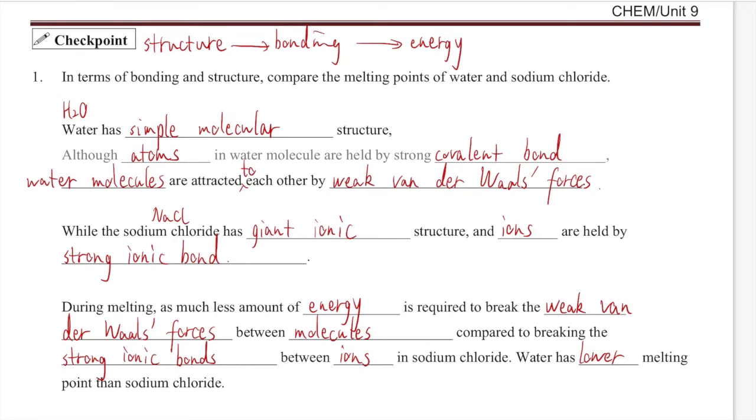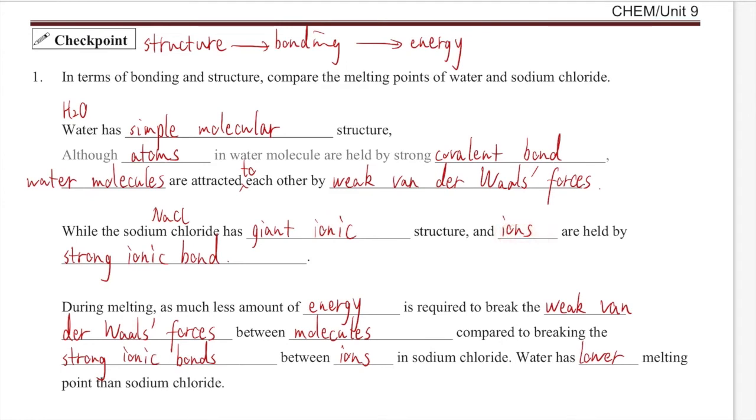So for example, we say atoms in a water molecule are bonded by covalent bonds, and we're not just saying water molecules have covalent bonds and van der Waals forces. Remember you need to name the particles involved: covalent bond between atoms, weak van der Waals forces between molecules, and giant ionic bond between ions.